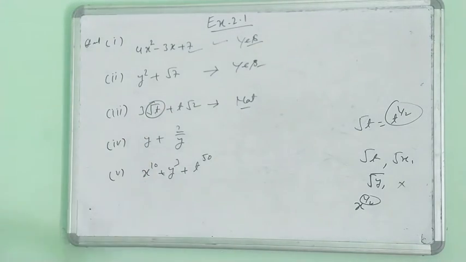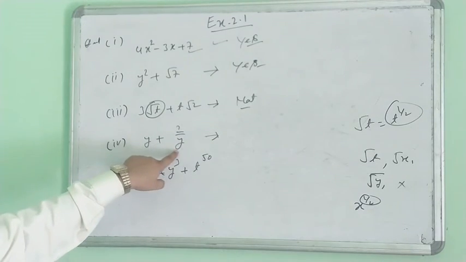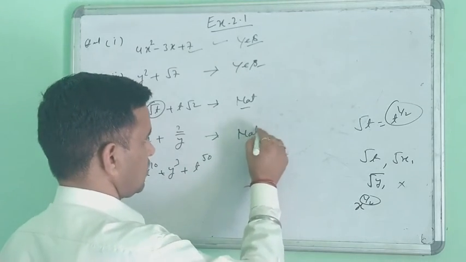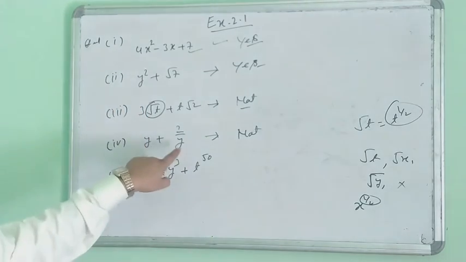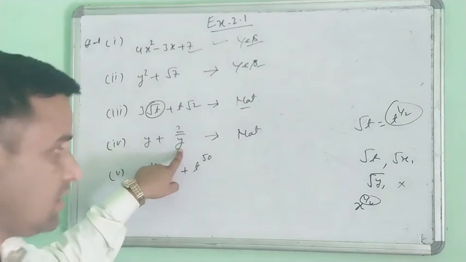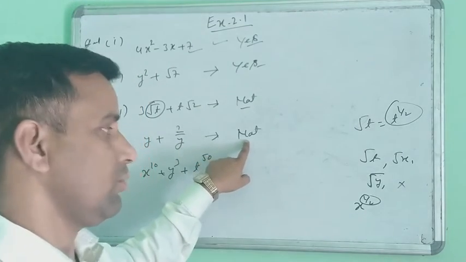Next, fourth, y has a denominator here. This is also not a polynomial, because the variable is in the denominator form. So y plus 2 upon y is not a polynomial.